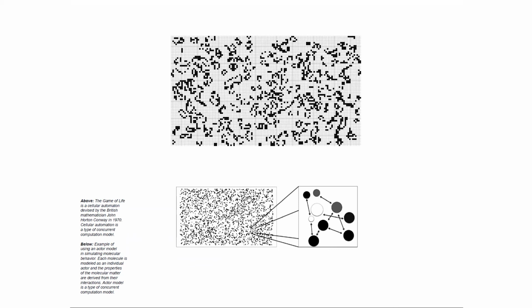And the difference between these two: they're similar, but cellular automata is a discrete model. We have cells which are fixed, and these cells have certain states. So it's a little bit like your computer monitor. And in this actor model, these are discrete quantities which can move around freely, in some kind of volume or space.